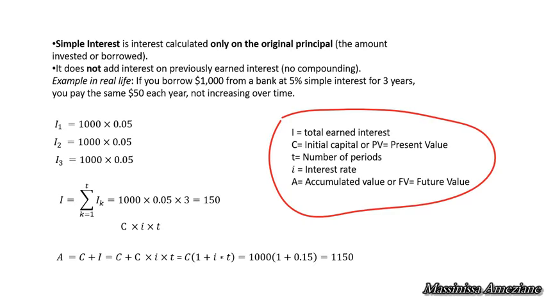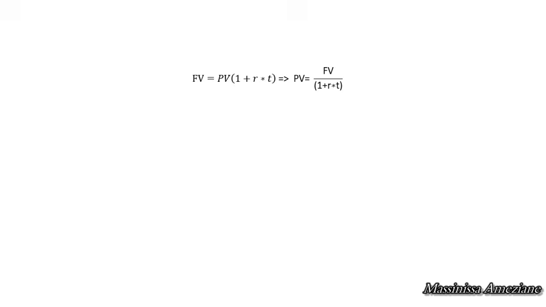So in the end, we can write our formula like this. Future value, which is the accumulated value, equals PV, which is C, times 1 plus the interest rate times T, which is the number of years, if it is in years, otherwise it is the number of periods. And from this formula, we can get this one.